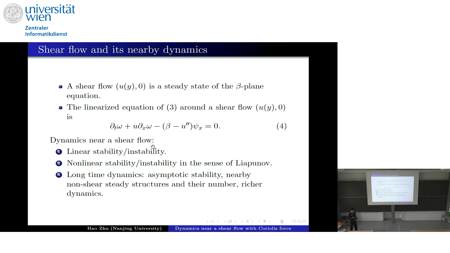If the spectrum of the linearized operator is on the left hand side of the imaginary axis, or exactly on the imaginary axis, then we call it spectrally stable, or sometimes linearly stable.